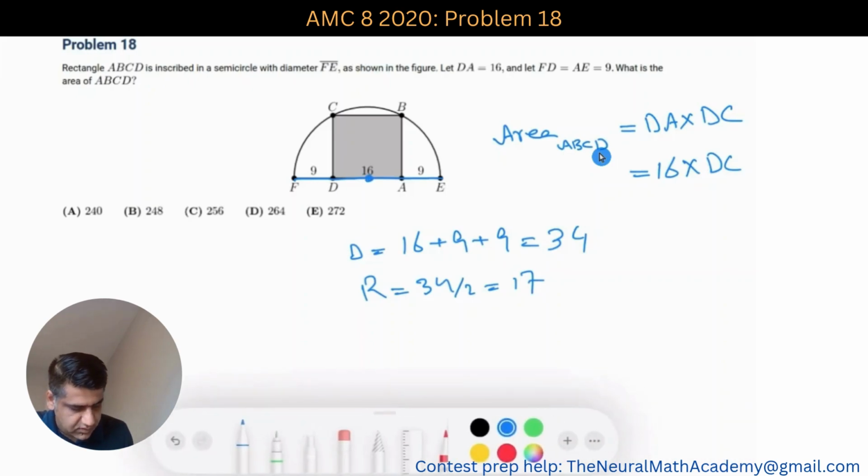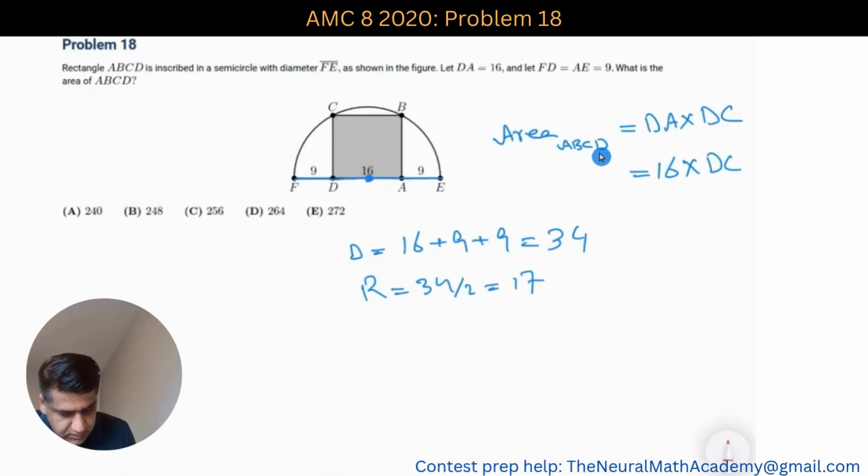So if the radius is 17, that means if I create a triangle, then this value is 17. And since this is the midpoint, I will have 8 from D to this point. Let's call this point O. And then we can find the length of CD.